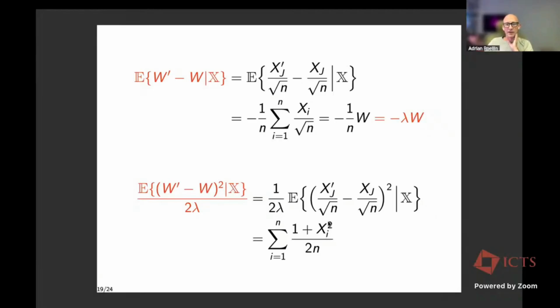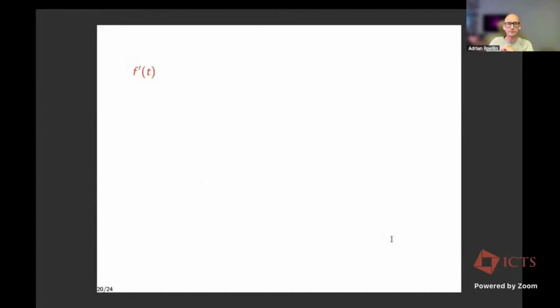But if you think about this, 1 over 2n, the sum of that is just a half, and the sum of x i squared over 2n by the law of large numbers converges to a half as well. So you get roughly a half plus a half, which is 1. So this conditional expectation is close to the variance of W, which is 1 in this case.